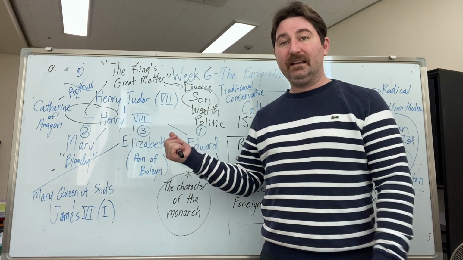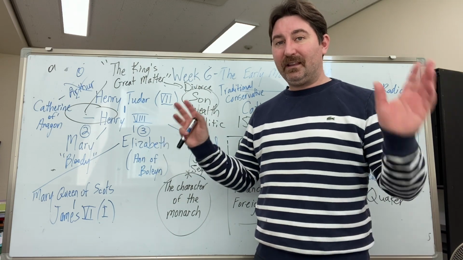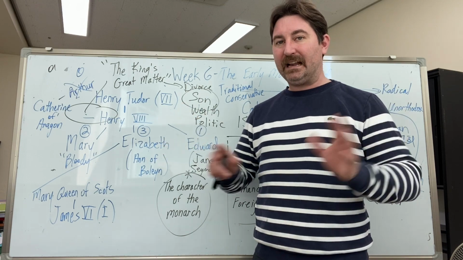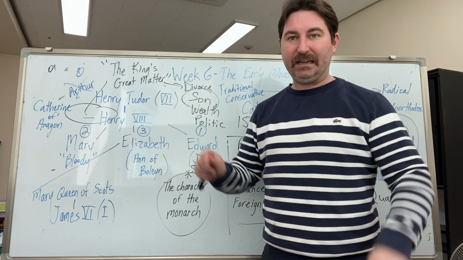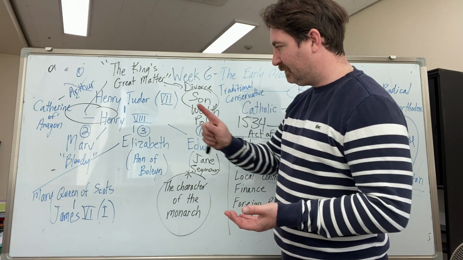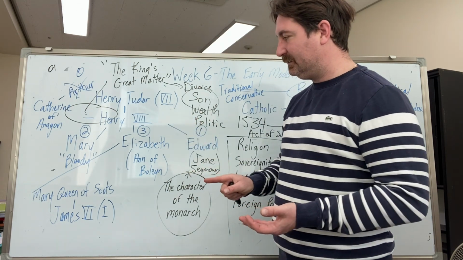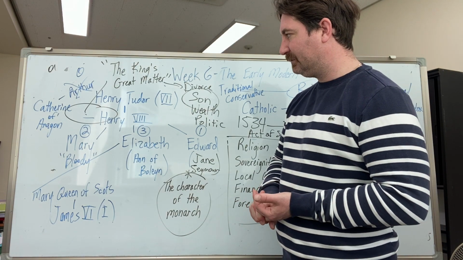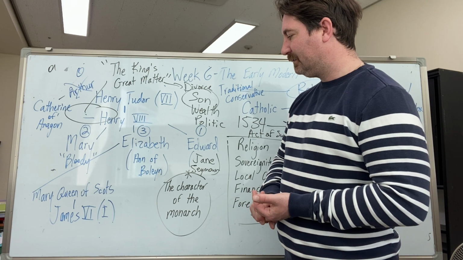He's going to marry 3 more times. So Henry VIII ends up having 6 wives. And I'm not going to talk about them. I'm just going to talk about the big 3: Mary, Anne, and Jane. And then there's 2 more Catherines, right?